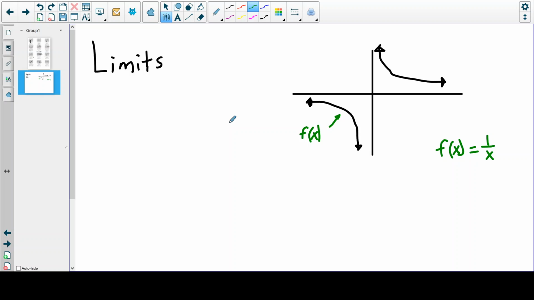A limit is basically where the function goes in an infinite direction, up, down, right, or left. And usually the function is going towards an asymptote. Remember, we described in the 12 basic functions that there's an asymptote here and an asymptote here for a hyperbola or a reciprocal function.